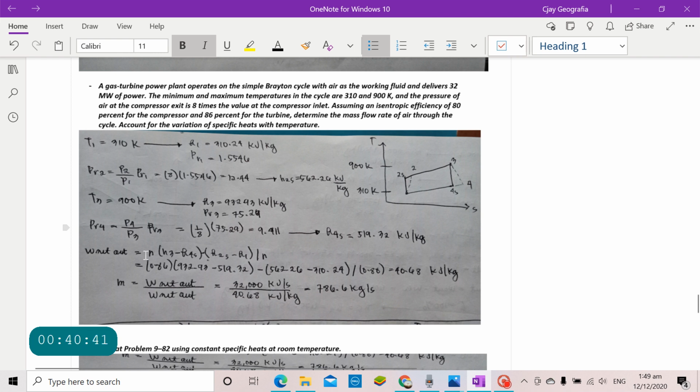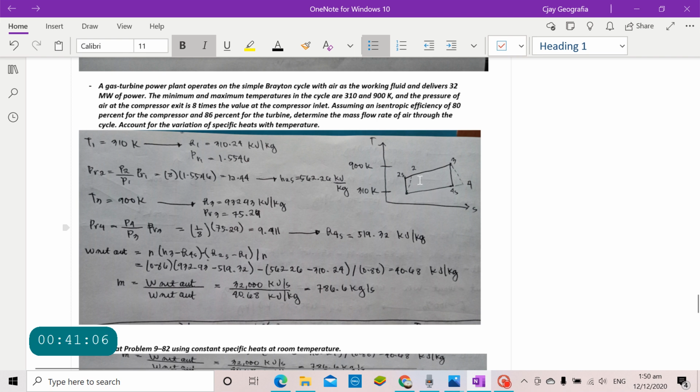Work net out is equal to m times (H3 minus H4s minus H2s minus H1) over m. We can use the H here because this is the true isentropic process. So we know that the maximum temperature is not at 3 here, but at the 4 in this case.